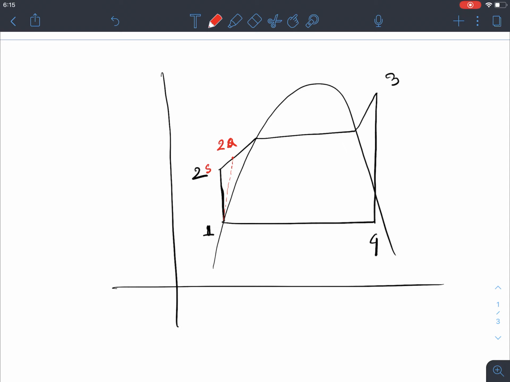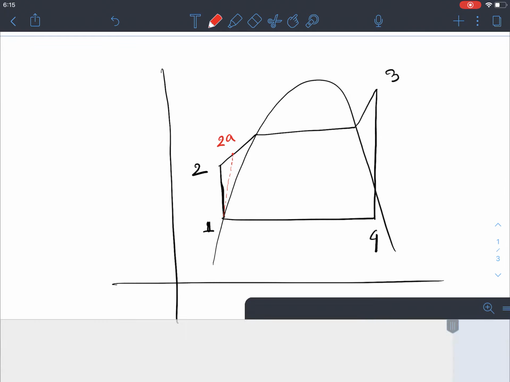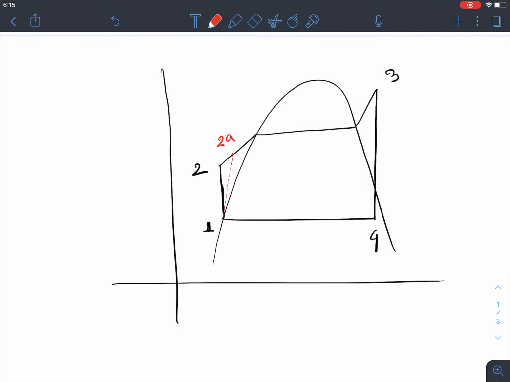S means isentropic and a means actual. In the boiler we can somehow keep it at constant pressure. However, in the turbine we see this difference, just within the saturation dome.